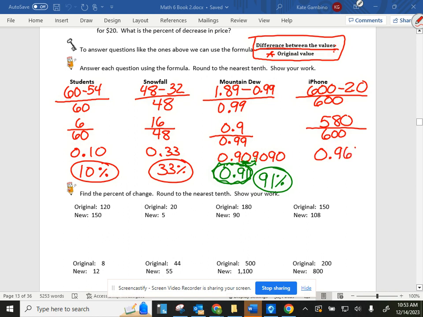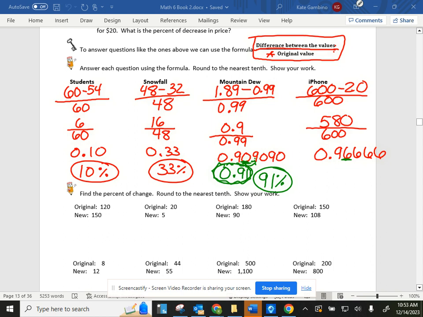So if it's 0.96666, what do we have to round to? Which place do we round to? What is our magic number with percents? 100. So we round to the hundredth place.